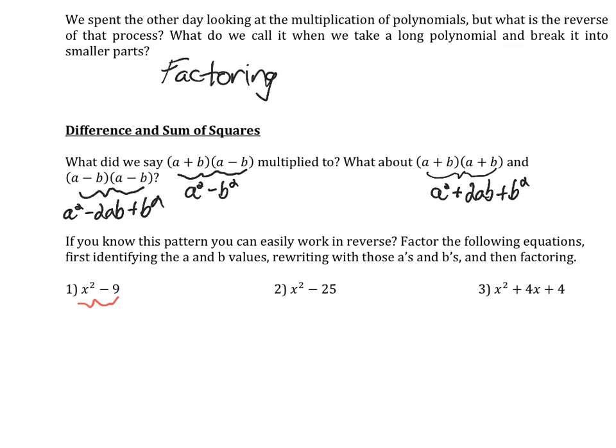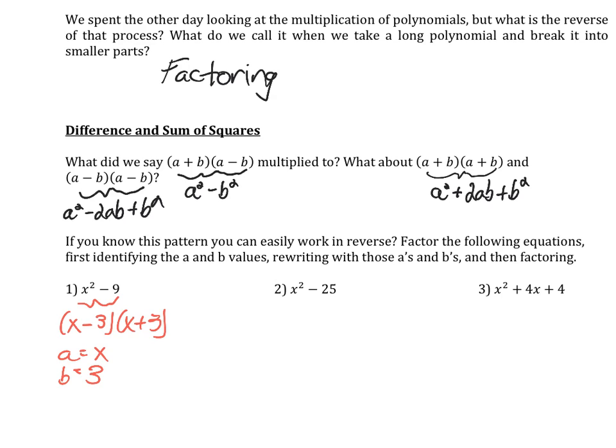So if I were to factor x squared minus 9, I could break that down into x minus 3 and x plus 3. What would be the a value? What would be the b value? If we think about it in terms of a plus b, a minus b, a would be x, and b would be 3.